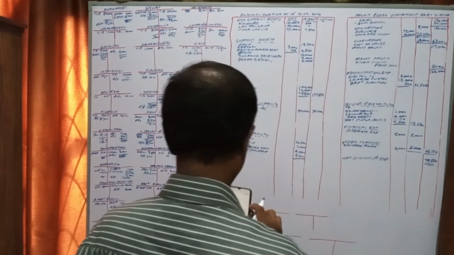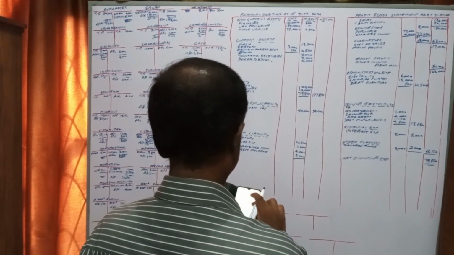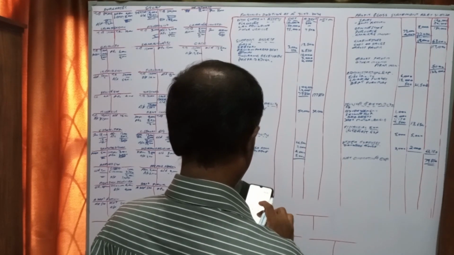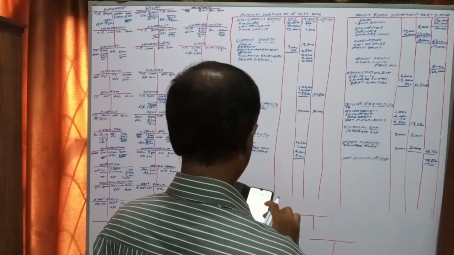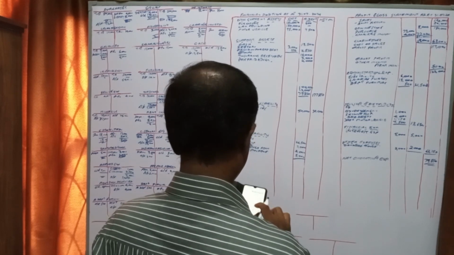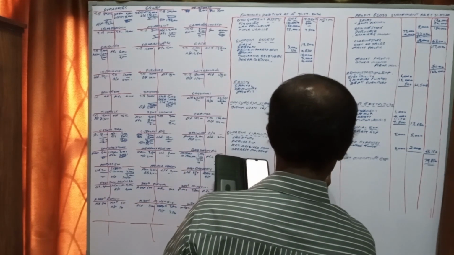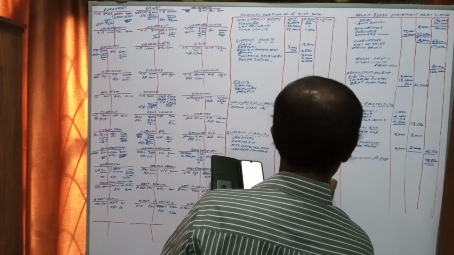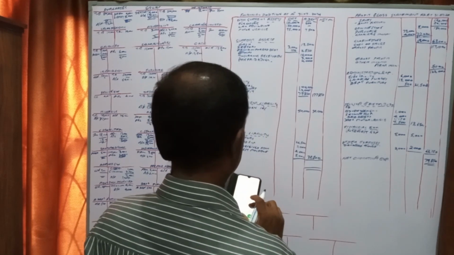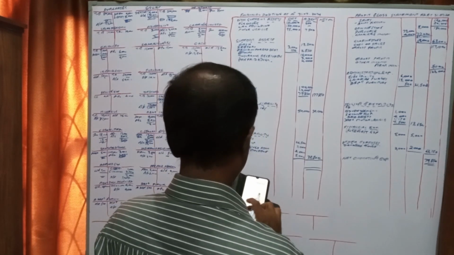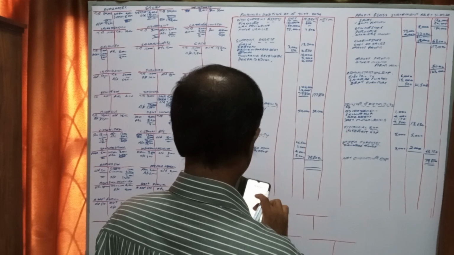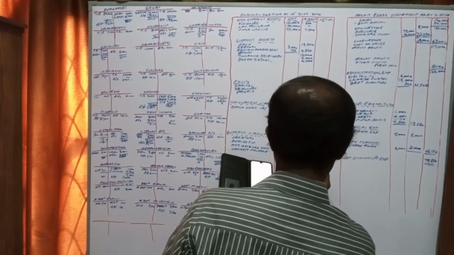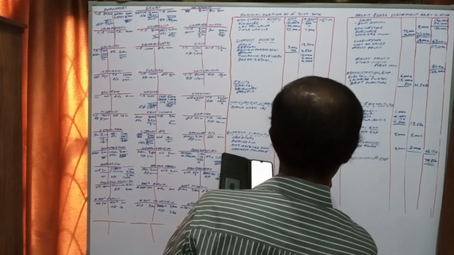This is 26,500 plus 3,000 plus 4,000 plus 5,000, 38,800, right? 38,800 plus 50,000 plus 177,850, 266,000.